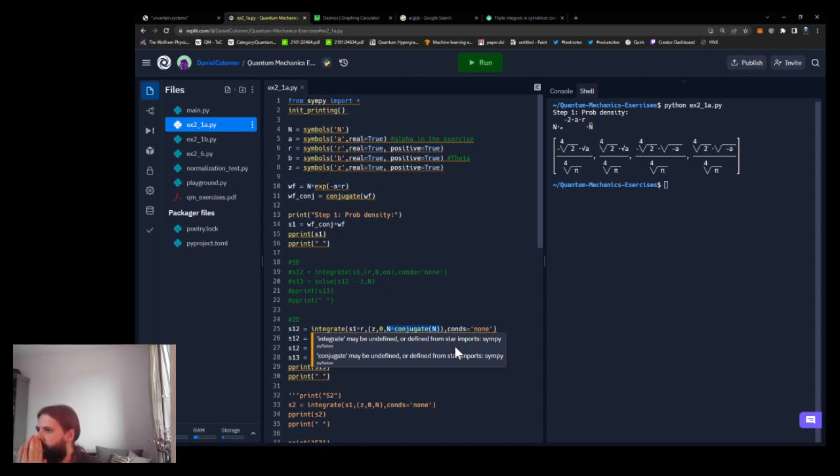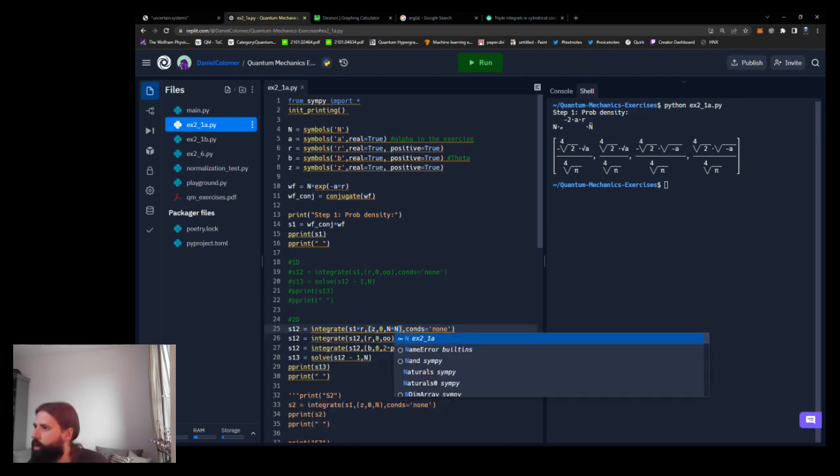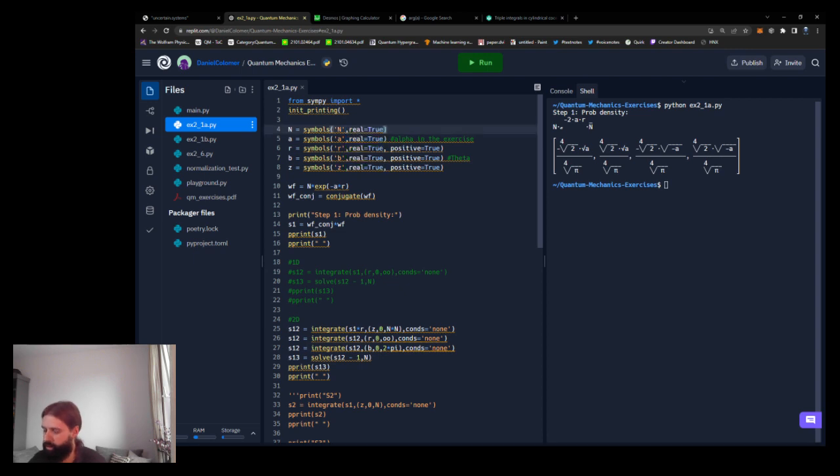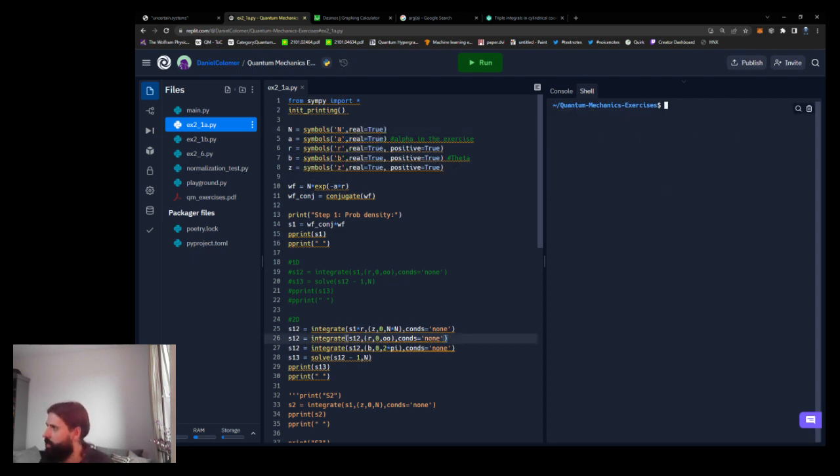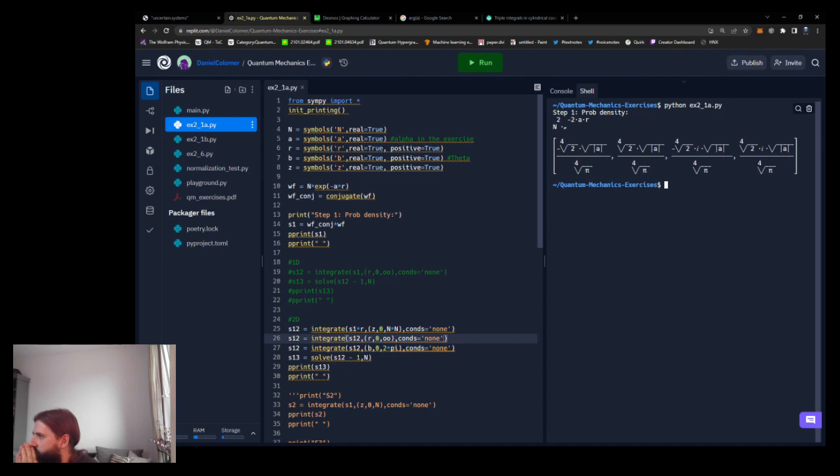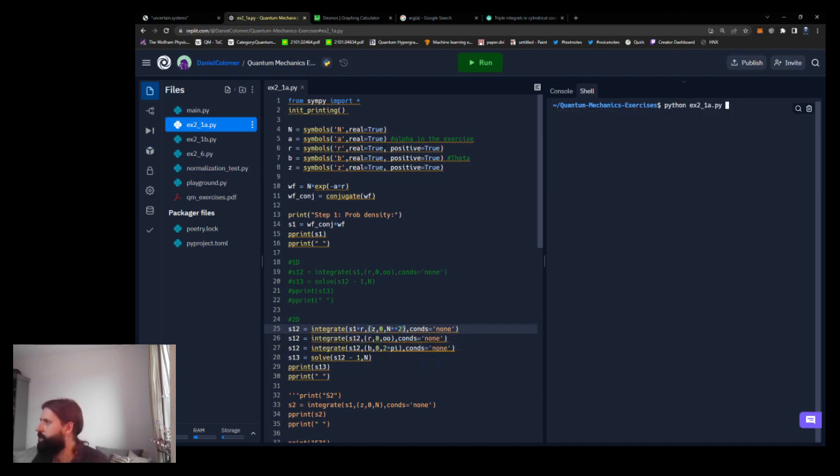That's the problem. What the real true? Wait. Why do we have complex answers now? I don't get these. Am I missing some notation somewhere?